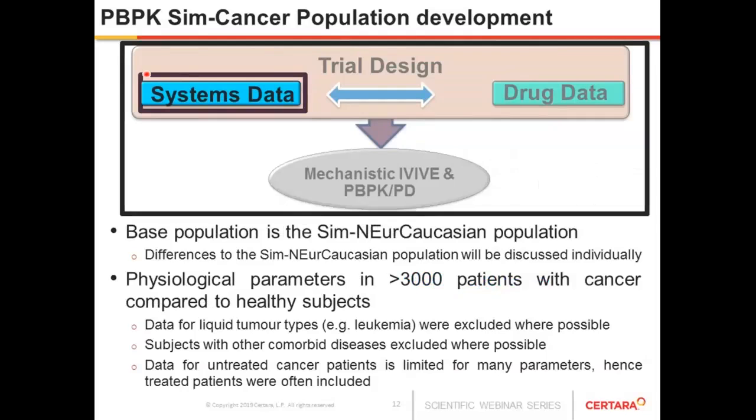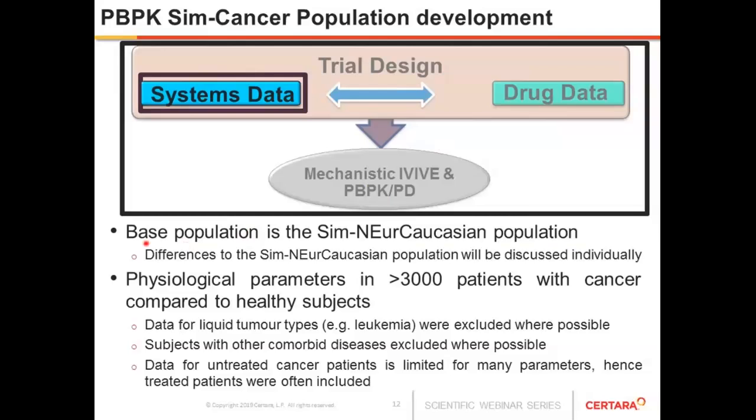Essentially, we have this systems data, which represents the population database with all the physiological data, and the drug data. That is put together within a trial design, and those factors interact and result in predictions using IVIVE and PBPK, and predictions of differences in exposure in that population.